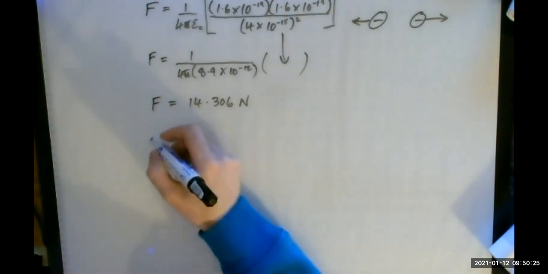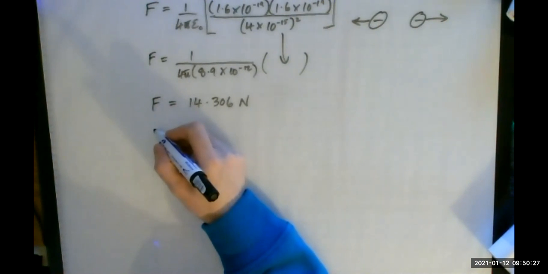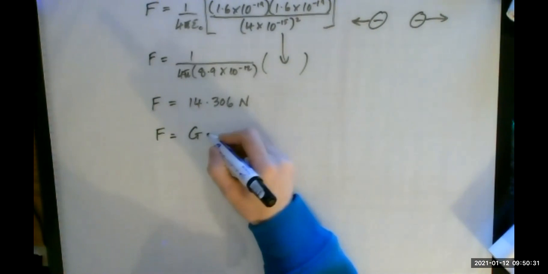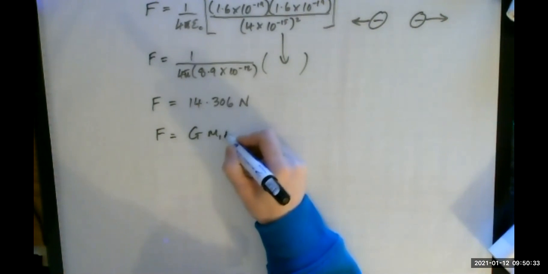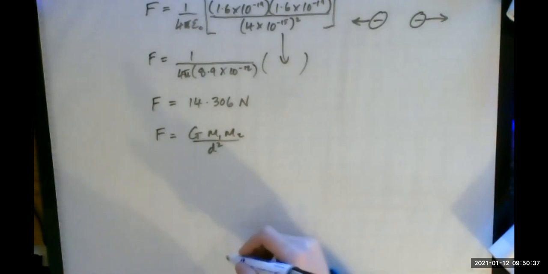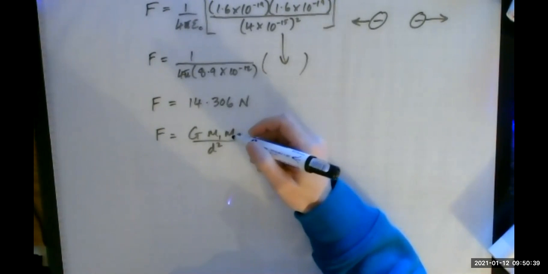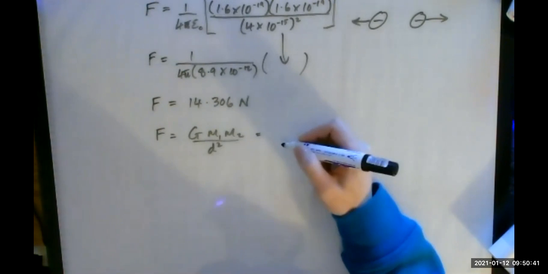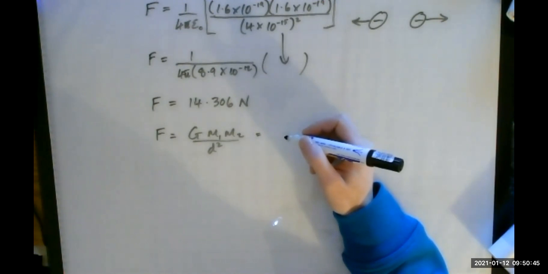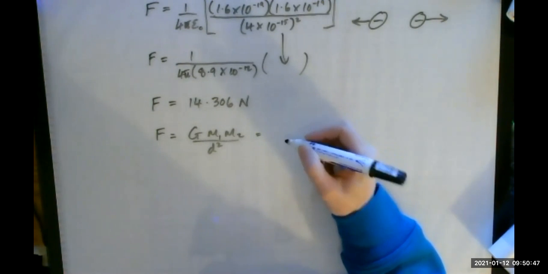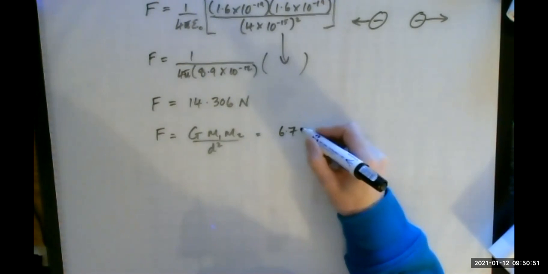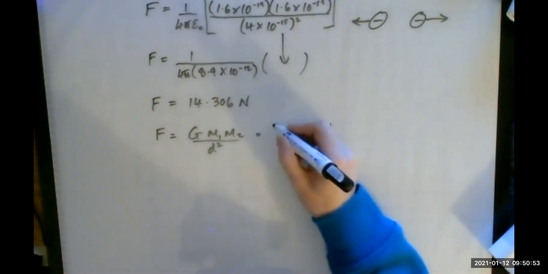So here we need the formula for Newton's universal law of gravitation. So the force equals the gravitational constant times M1 M2 over d squared. So the mass of a proton is 1.67 by 10 to the power of minus 27 kilograms. The gravitational constant is 6.7 by 10 to the power of minus 11.